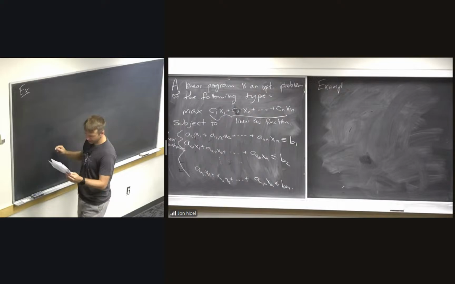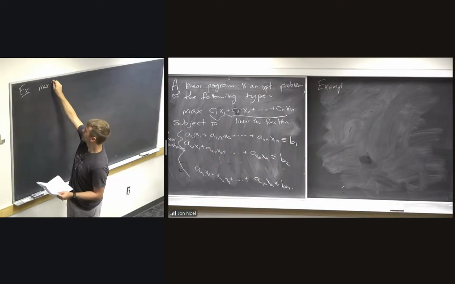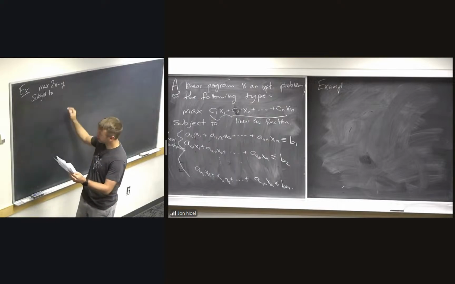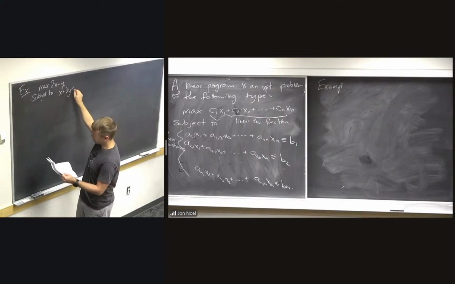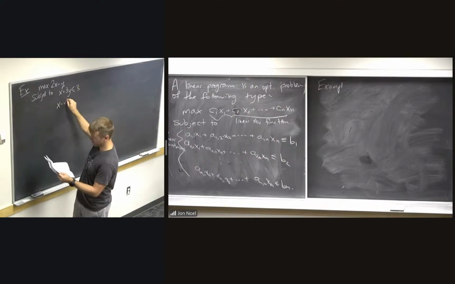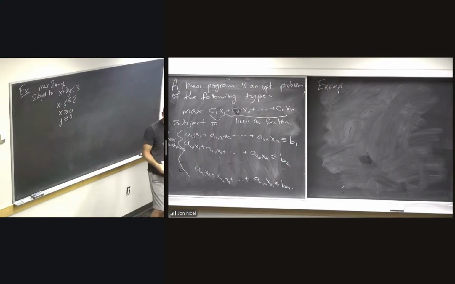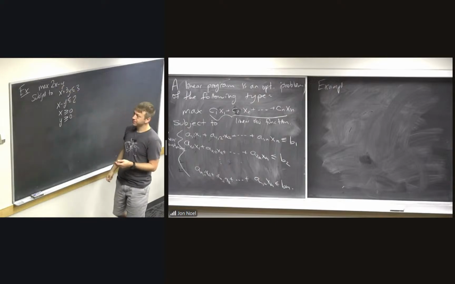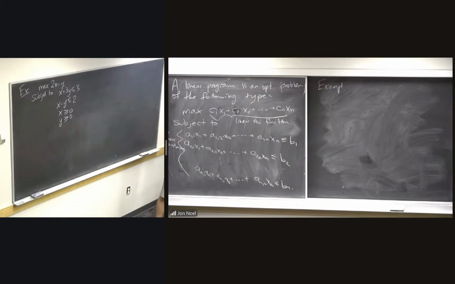As an example, we could have: maximize 2x minus y subject to the constraints that x plus 3y is at most 3, something is at most 2, and x and y are non-negative. Over there I was calling my variables x1 up to xn. Here my variables are x and y. So this is an example of a linear program.